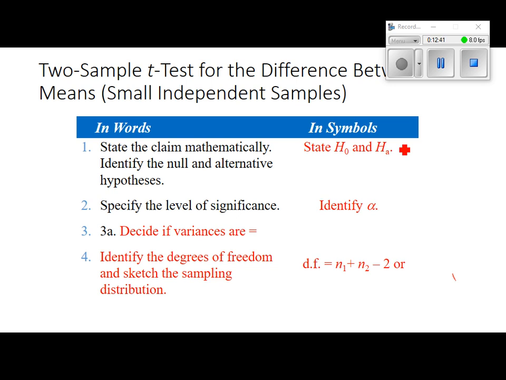The thing you have to remember on this one, number 3 right here, you might want to circle that, star it, something. These are the ones where we had to decide whether the variances were equal or not equal. If they're equal, you do one thing. If they're not equal, you do something different.